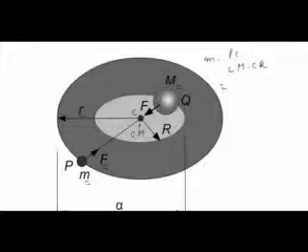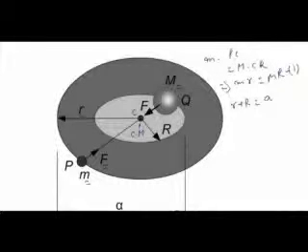Now PC is nothing but the radius small r, so mr is equal to capital M R, and CQ is nothing but the radius capital R. So this is one equation we get, and it's clear from the figure that R plus r is nothing but a, where a is the distance between the two objects, that is a is nothing but PQ.